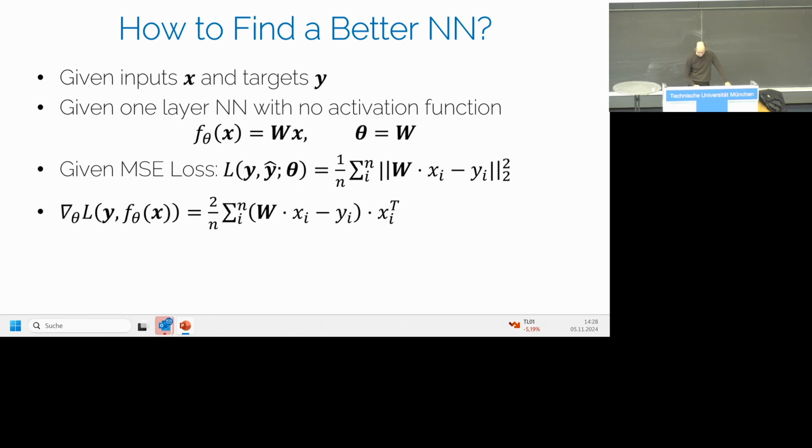So the gradient is the vector of derivatives with respect to theta, all the unknowns, so these W, and this is what it looks like. And so then that would allow us to do a gradient descent, so to do an update of the weights according to this gradient vector. And we would always step in direction of the negative gradient.